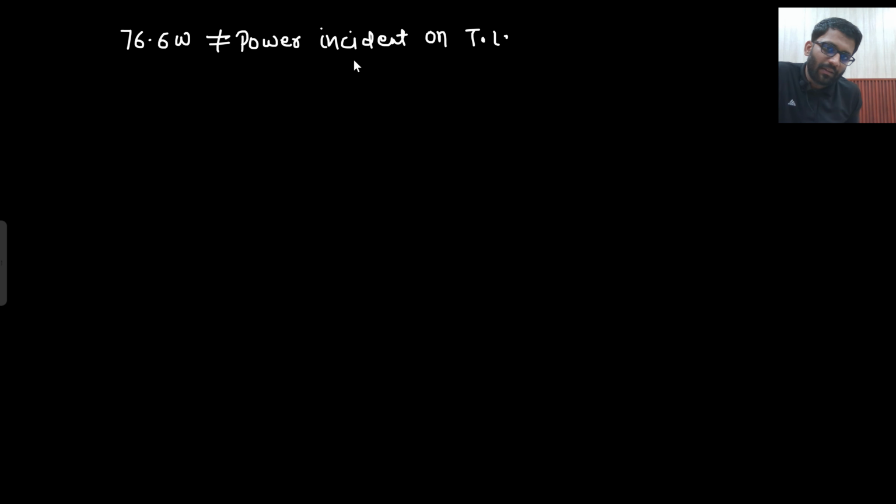This 76.6 watt is not equal to the power incident on the second transmission line. It is equal to the power delivered to the transmission line. Why is that so?